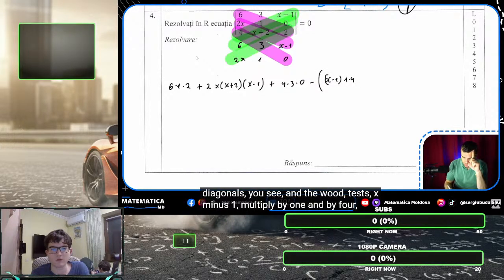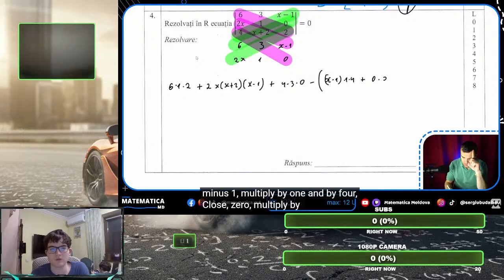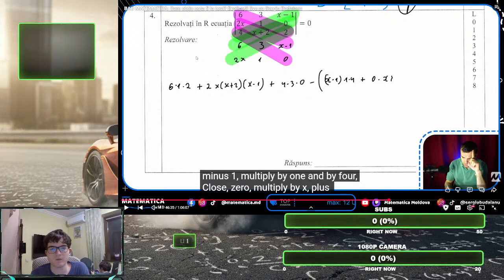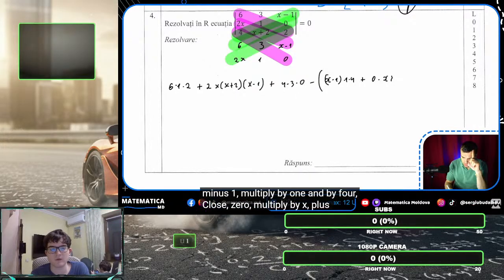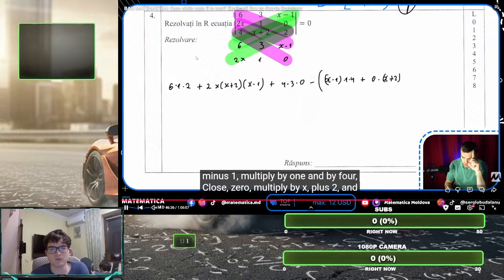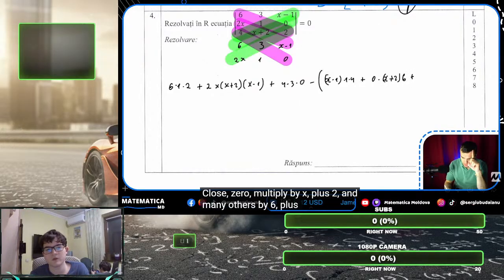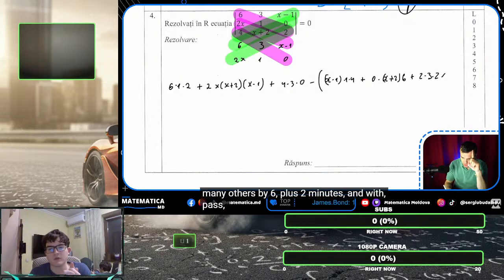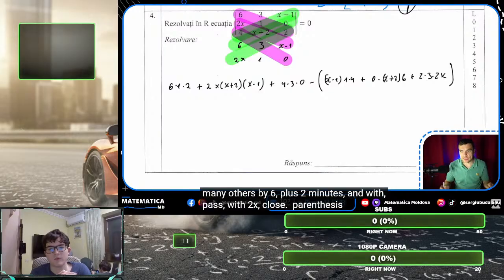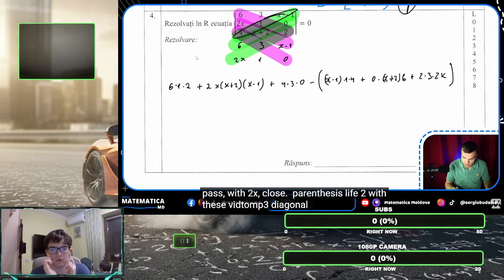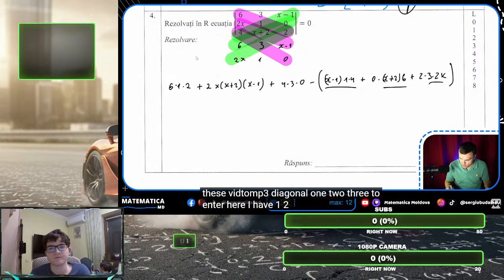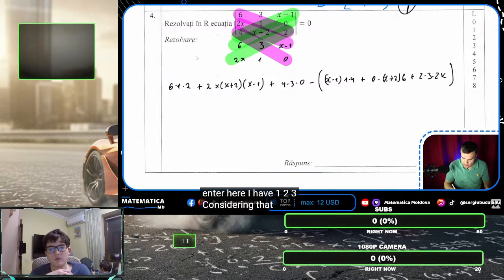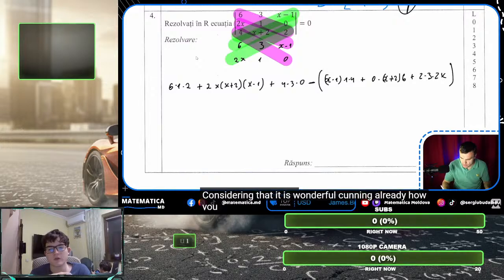So x minus 1, 1, and 4. Now 0 of that is obviously gonna be 0. And now this stuff, 2 times 3 times 2x, and you basically solve like that.